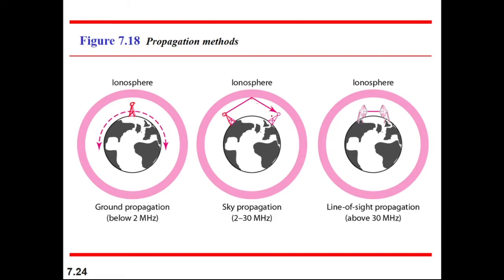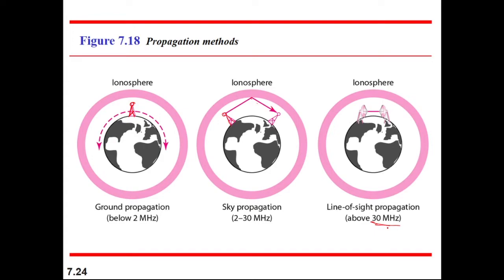When we are talking about free space, we need a device which can accept and pass the signal. That is our antenna. And this is line of sight propagation, above 30 megahertz. The signal can contain above 30 megahertz.